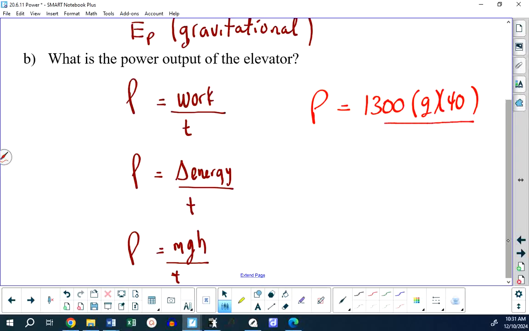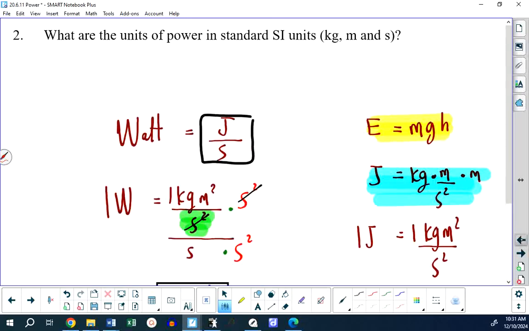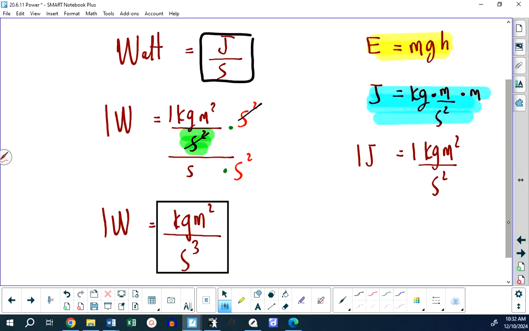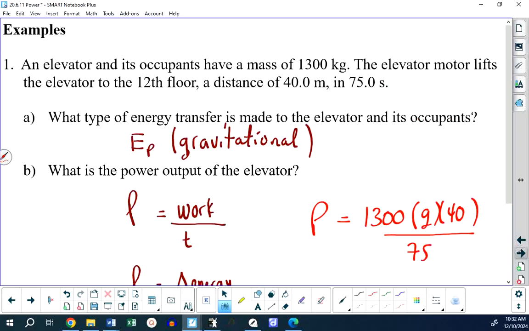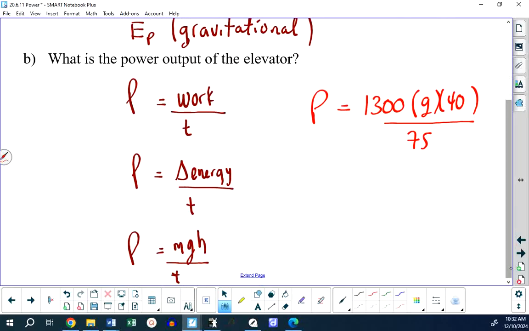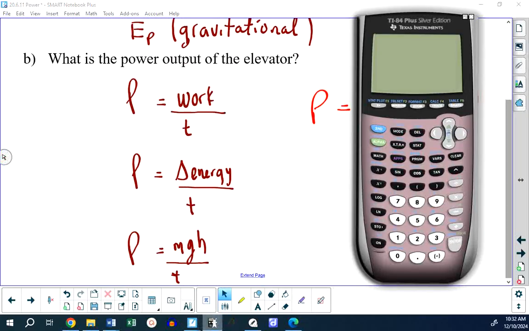And I think I saw 75 seconds. Now, the nice thing about this previous question is we've already established that when you multiply these things together and divide by time, you get watts, right? We don't have to use the units here. We can just grab our calculator and figure out what this is, and we know the answer will be in watts.